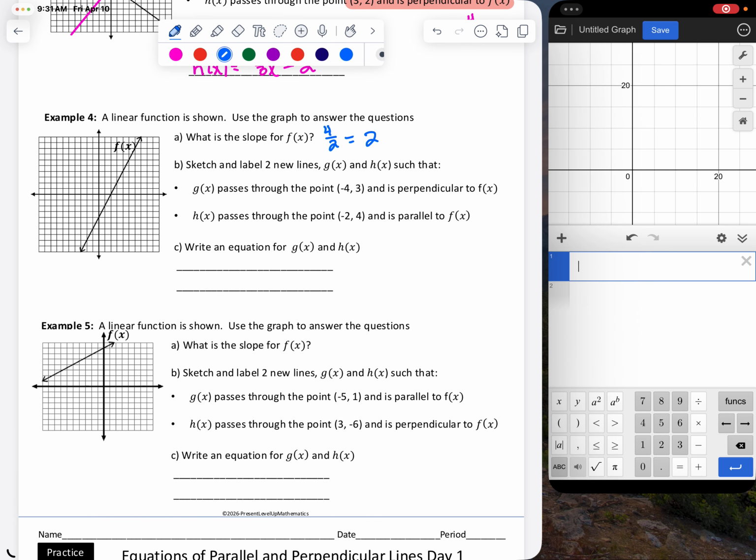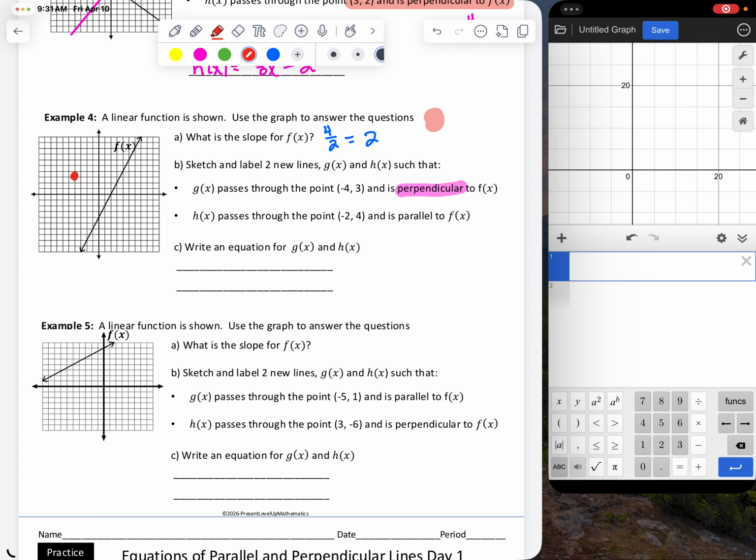Okay. So let me change to red here. G of x is going to pass through the point -4, 3. So let me plot that. 1, 2, 3, 4, 1, 2, 3. So G of x is going to start right there. And it is perpendicular. So if it's perpendicular, I need the opposite reciprocal.